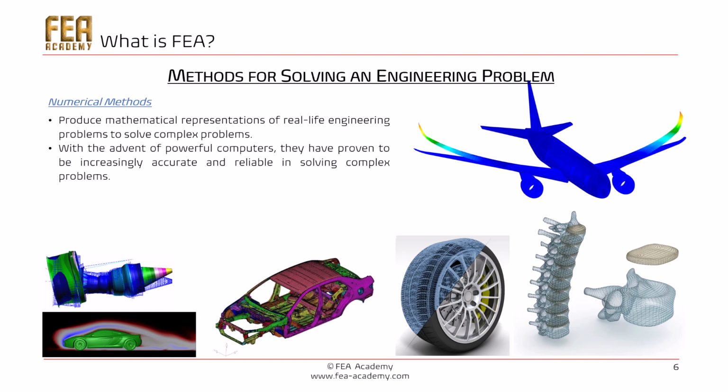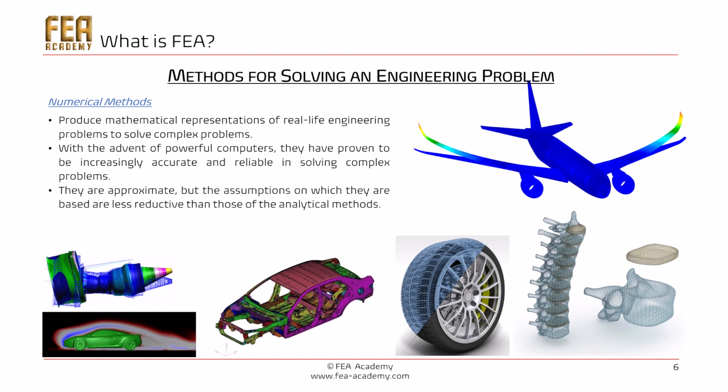With the advent of powerful computers, the numerical methods have proven to be increasingly accurate and reliable in solving complex problems. They are approximate, but the assumptions on which they are based are less reductive than those of the classical methods. In other words, the assumptions of the numerical methods are closer to the reality than those of the classical methods.